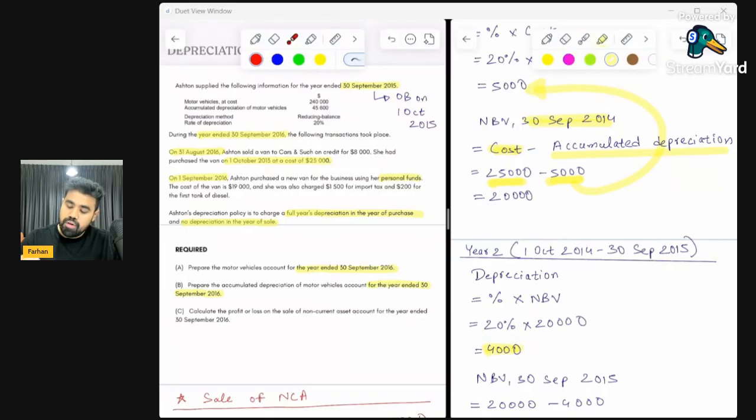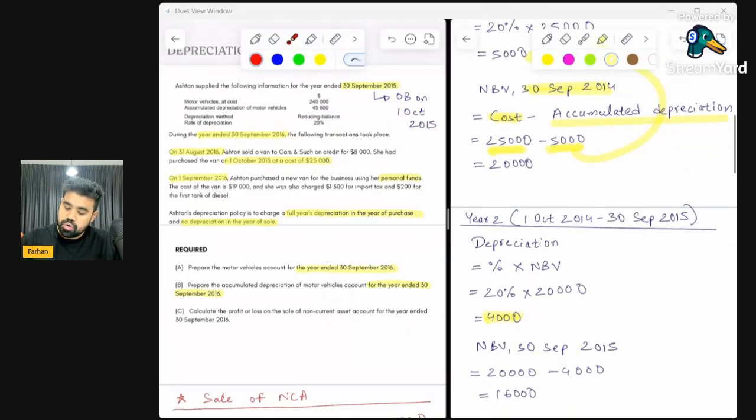Now again, we want to find the net book value at the end of year two, which is at 30 September 2015. We understand that the net book value at any given point in time is the difference between the cost and the accumulated depreciation. But since we already know the net book value at the end of year one, that net book value has already accounted for the adjustment for depreciation necessary for year one.